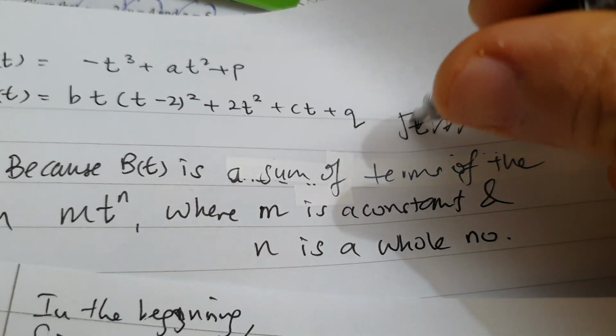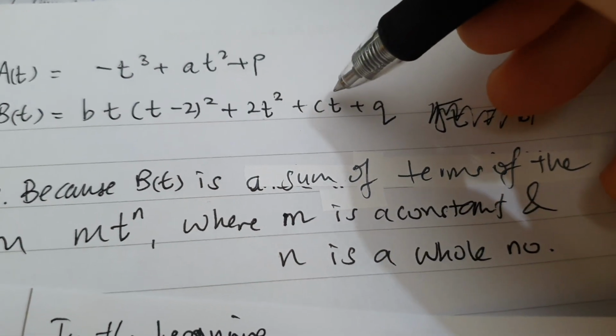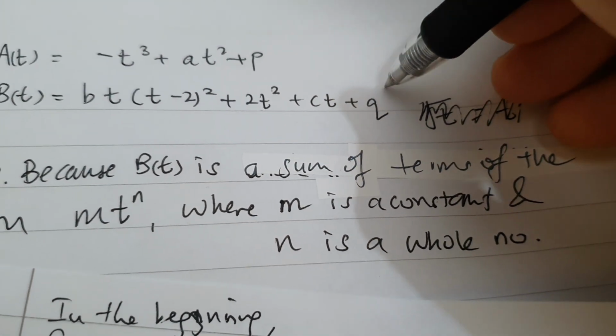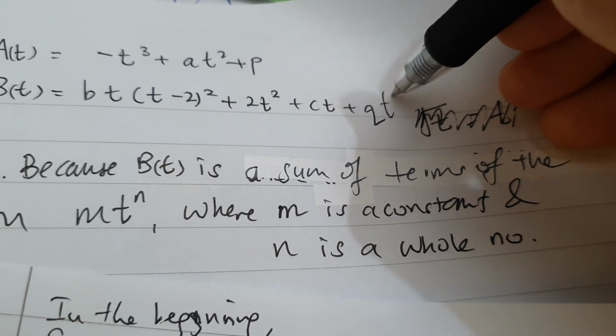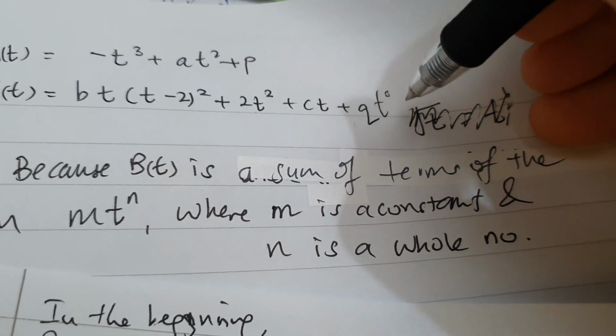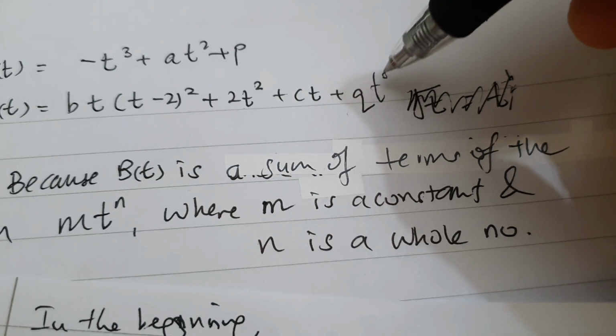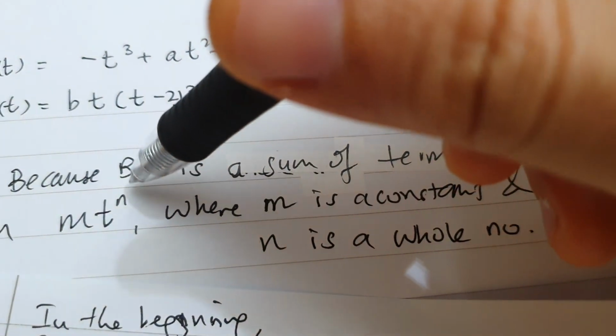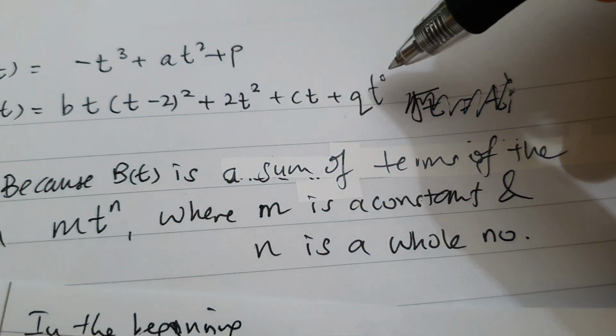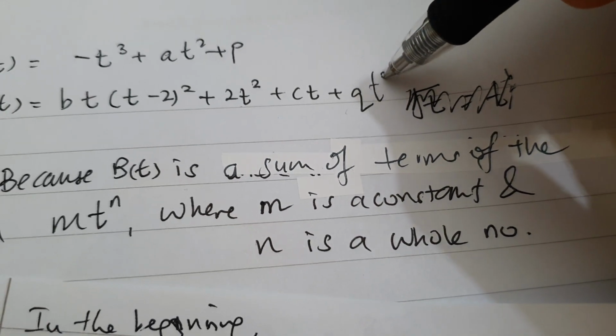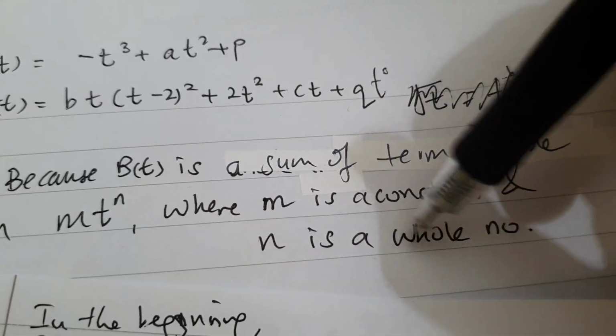So all these variables t, up to here, is actually t to the power of 0 because it's a constant term. And t to the power of 0, this power here, is a whole number.